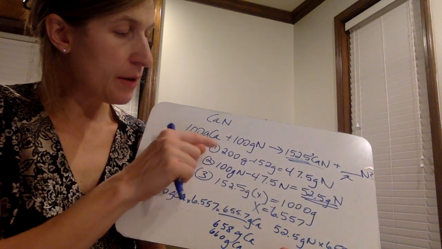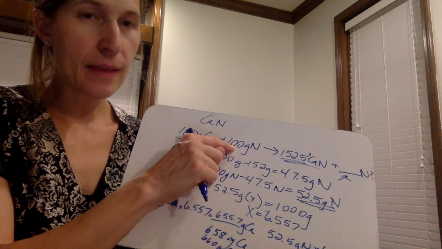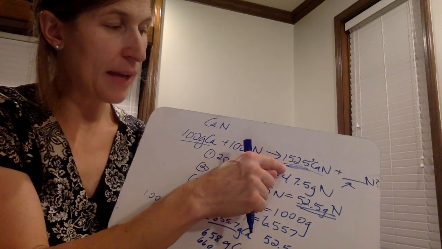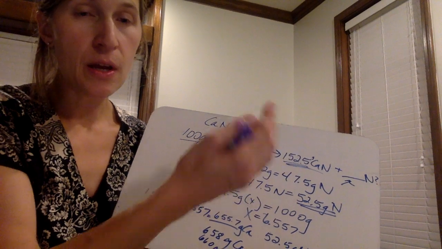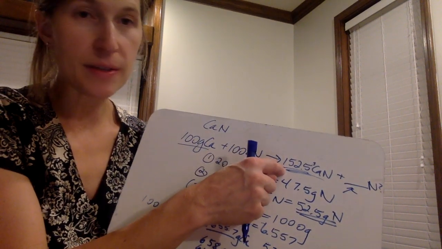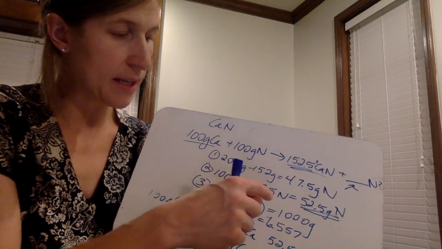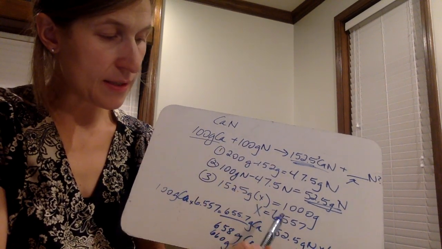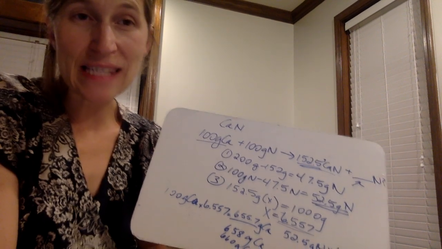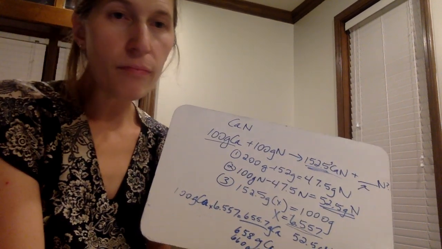So you figure out how much actually reacted, then you figure out what factor based on how much actually got made. What does that have to get multiplied by? So when it was saying 1,000 kilograms of calcium nitride, what did that have to get multiplied by to get to 1,000? And this is a factor. It's just a factor, a dimensionless number.